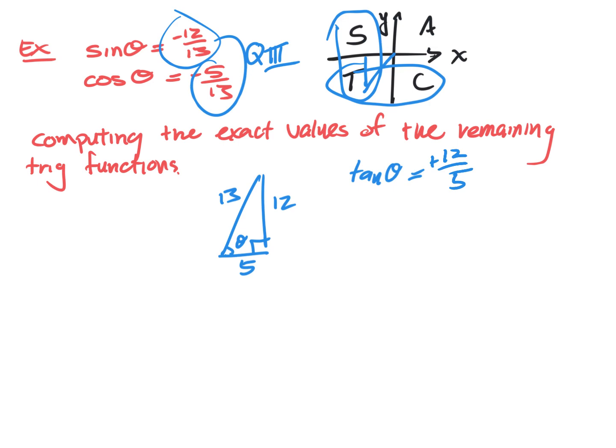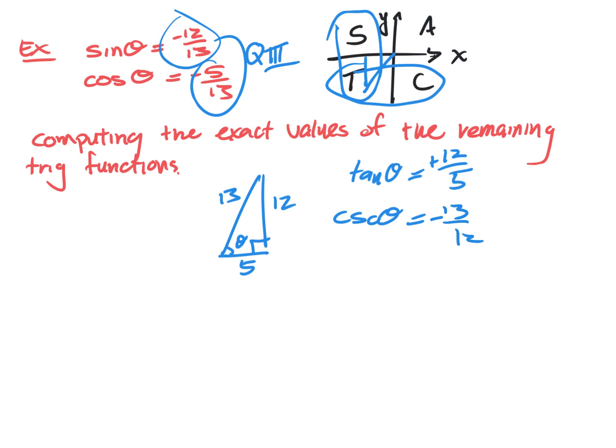The remaining trig functions is going to be cosecant of theta. And cosecant of theta is hypotenuse over opposite, 13 over 12, but cosecant is negative in quadrant 3.